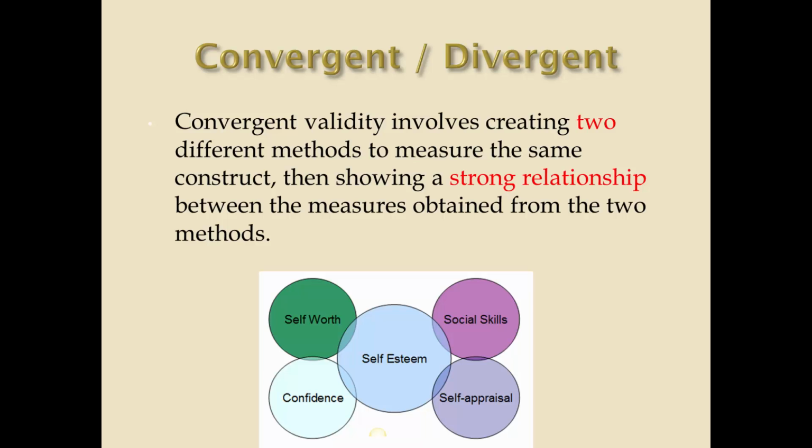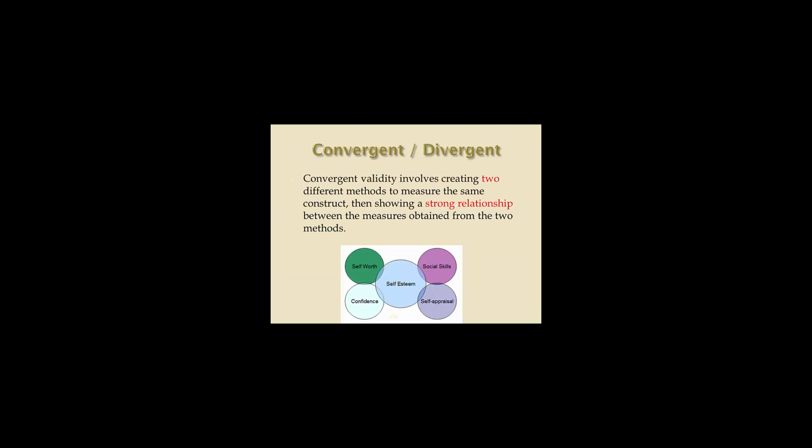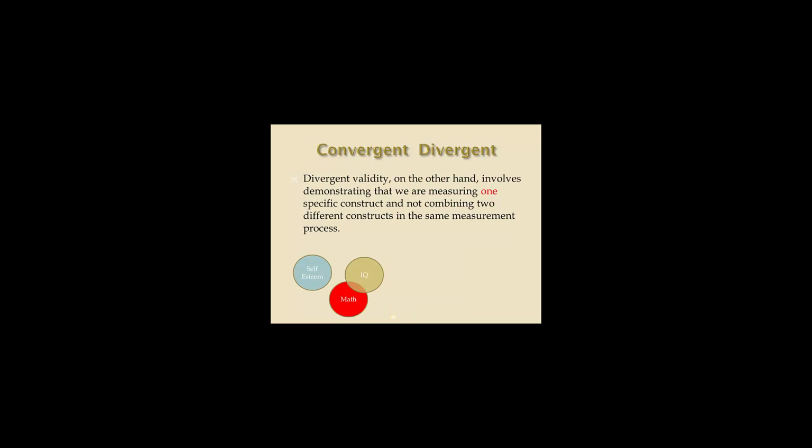For example, if you have made a self-esteem test, you've got to show that your test is correlated with similar tests such as self-worth, self-confidence, social skills, self-appraisal, etc. Also, you have to show that your test is not related or correlated with unrelated constructs or unrelated tests.